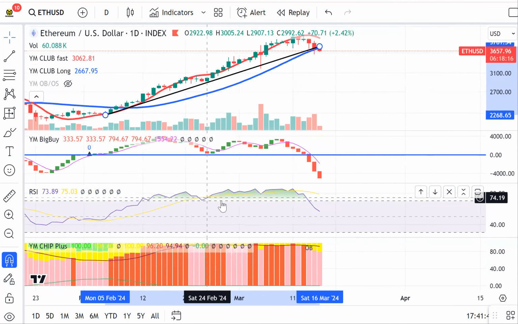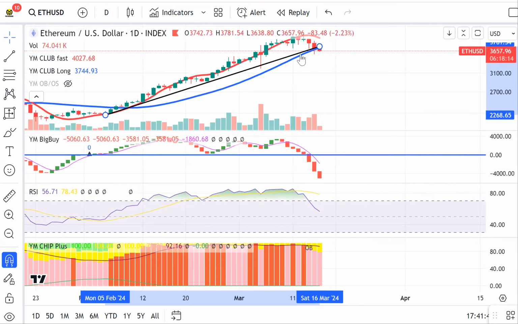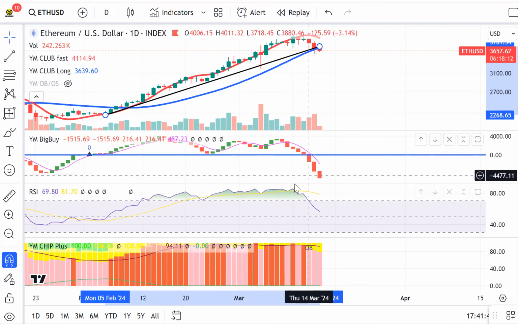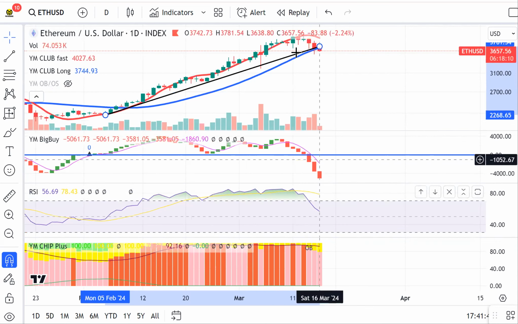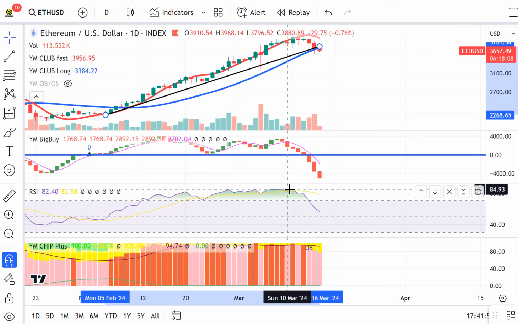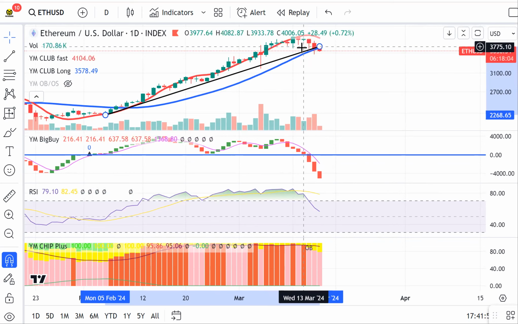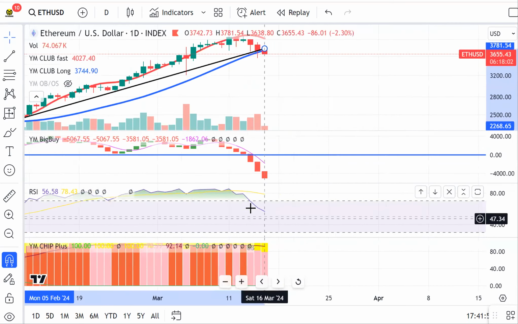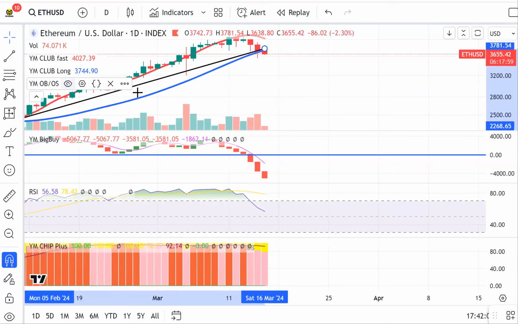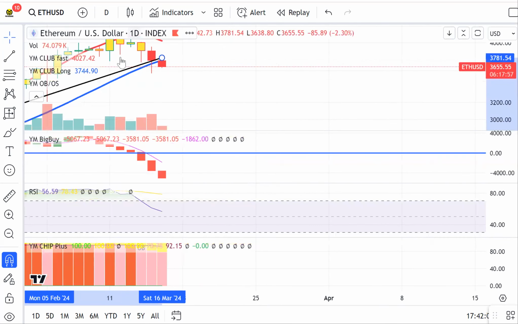The RSI is the same thing here. We have a divergence here. You can see this three-candle stretch is basically a divergence, because the RSI is going down and the price is going up. Next thing I want you to check is OBOS. We dropped below the last yellow candle as well.